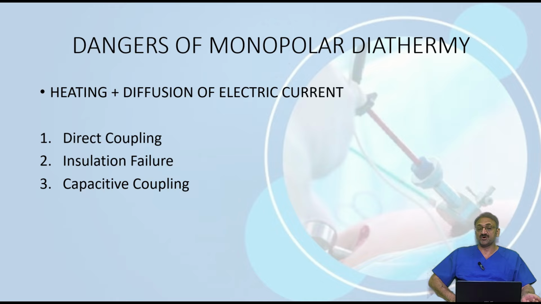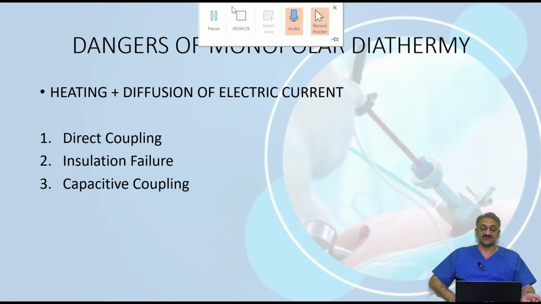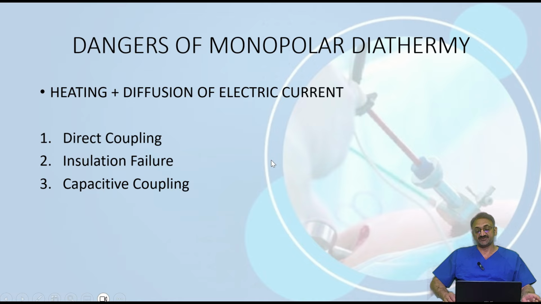The dangers of monopolar diathermy are that there is heating and there is diffusion of electrical current, which can lead to injury in different organs. Heating is called thermal injury. You are using the hook here, but the thermal energy is going to the nearby tissue as well. That can lead to thermal injuries.